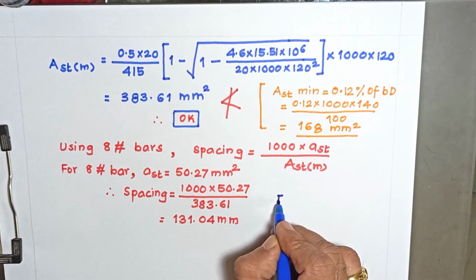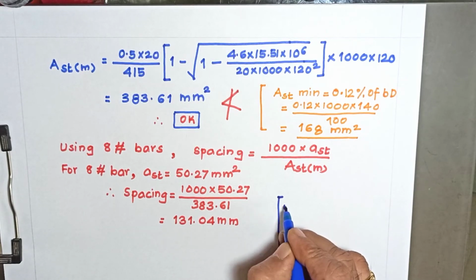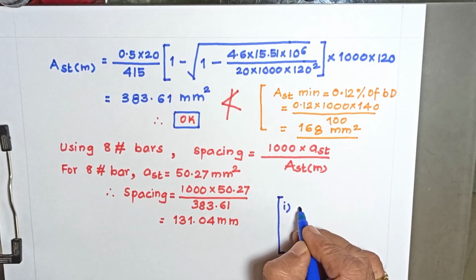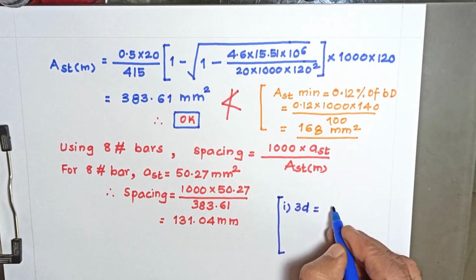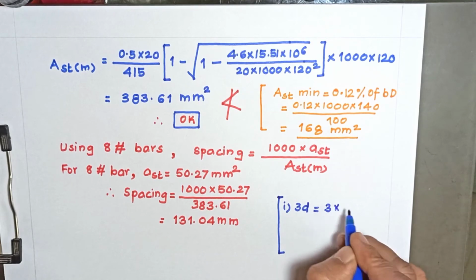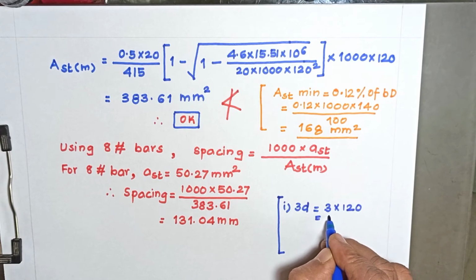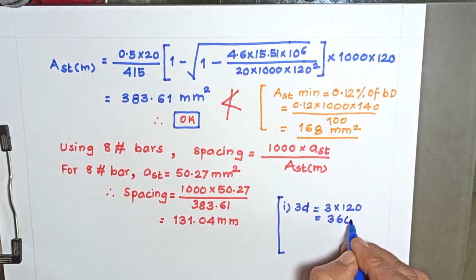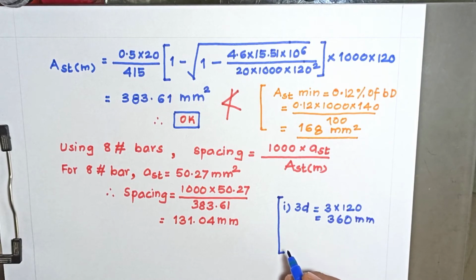So let us apply the check for maximum spacing. First one is 3D. We know the value of D is 120, so 3 into 120 will be 360 mm. And second is 300 mm.